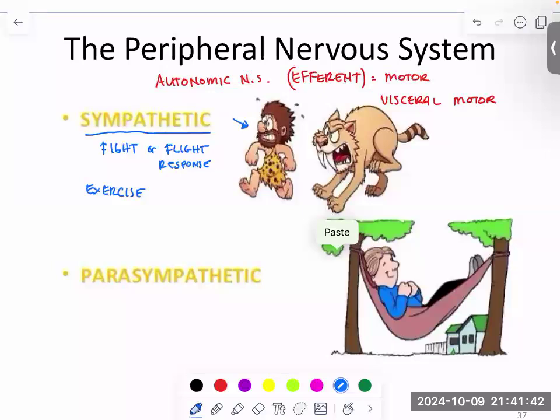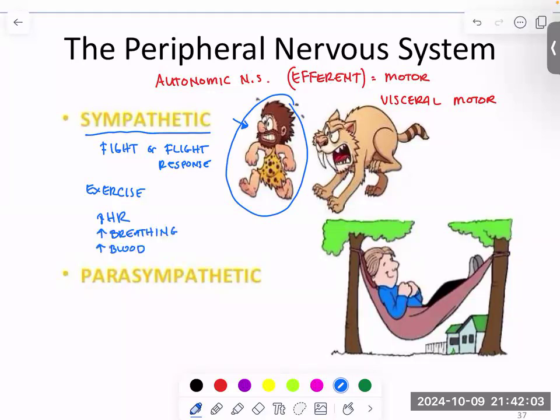What has to happen to support a fight or flight response? What is that person's body going to do? What about heart rate? Your heart rate goes up. What else goes up? Your breathing rate. What else goes up? Your blood pressure. What else has to happen for you to support that type of activity?